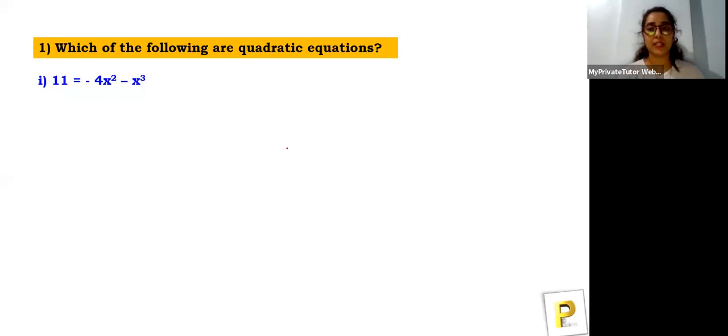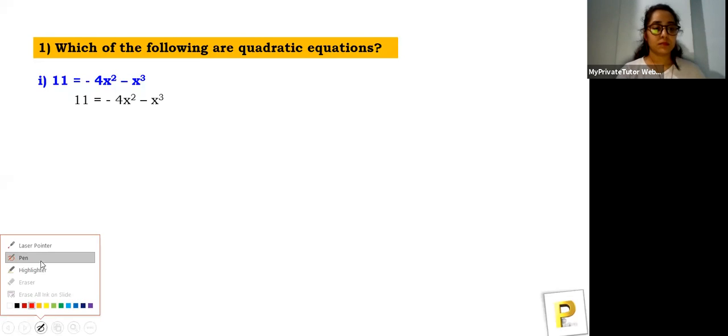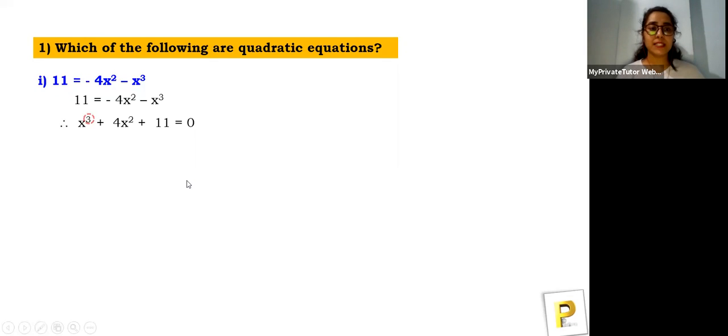Okay, let's check if it's a quadratic equation or not. If we shift all the terms to the left hand side, we get the equation x cube plus 4x squared plus 11 is equal to 0.